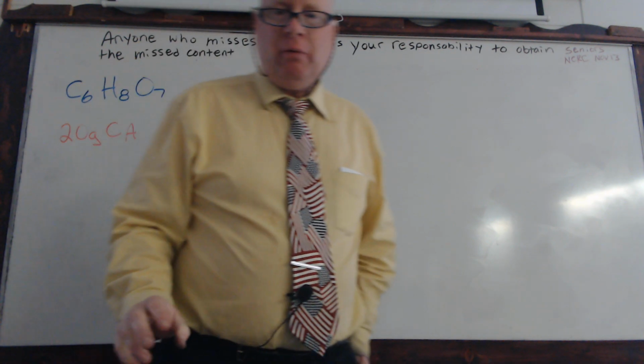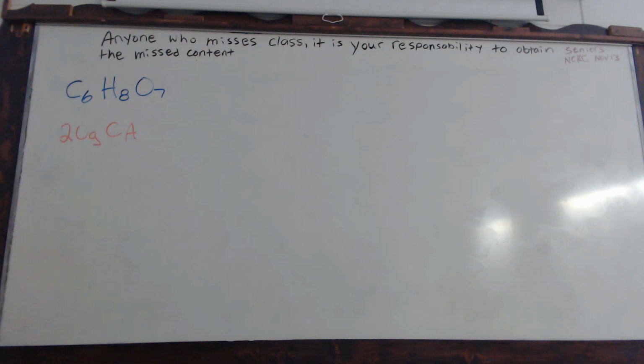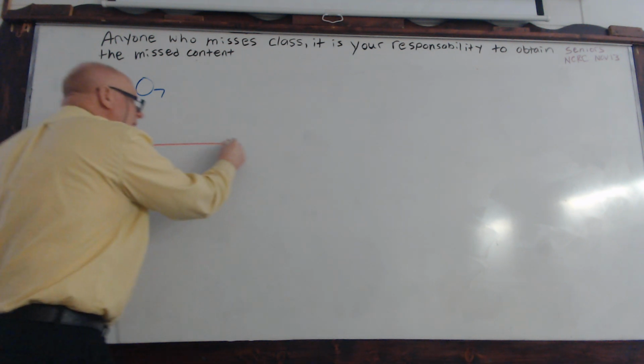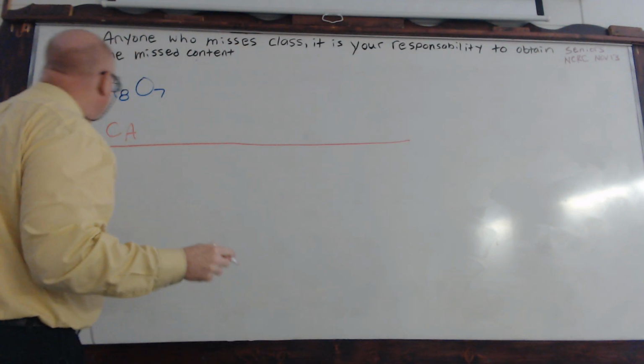Okay, so I think we've perhaps had enough time to work on these. For those of us who are still working on these, of course, we know a percent composition means that you just have that one extra added step.